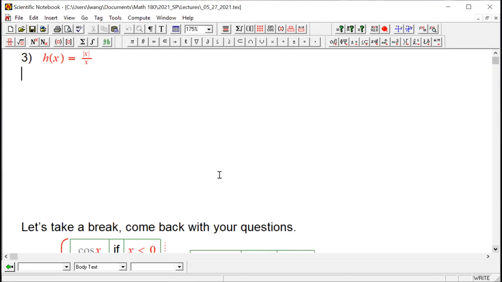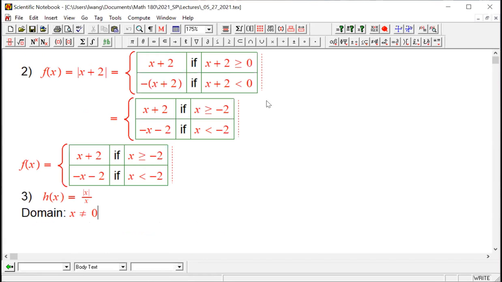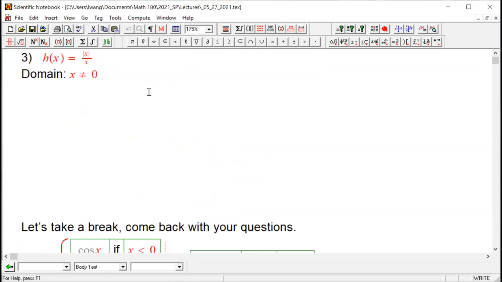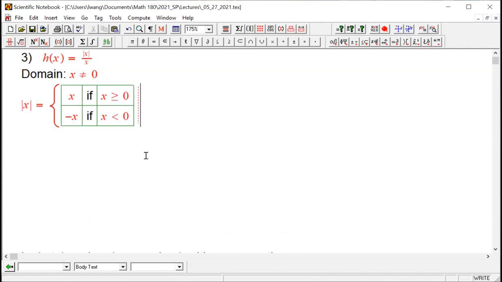In this case, we first need to know the domain. Of course, x cannot be equal to 0. So when we apply that bologna, you no longer need to consider 0.